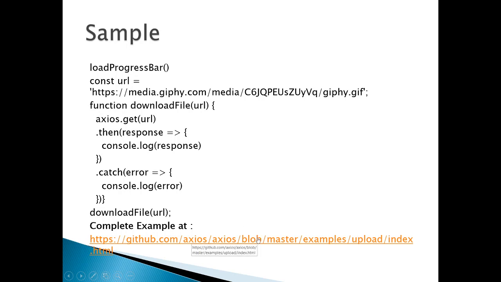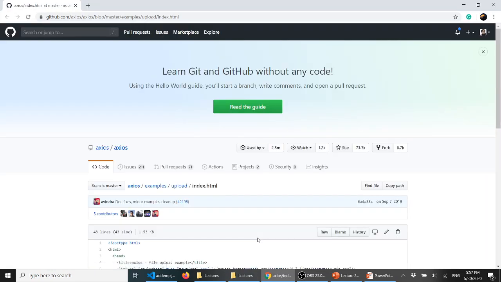A more complete example can be seen at this link. If we open this link, you can see it has provided a complete code with which you can apply a progress bar to the data. Like you want to upload a complete file, a lengthy file of 30 GB or 10 GB or 2 GB or whatever the size is.